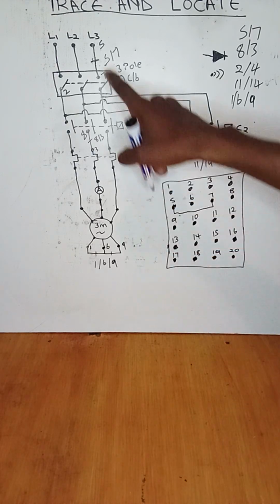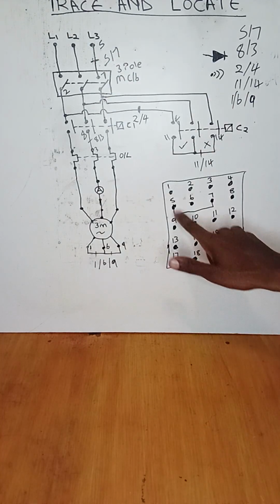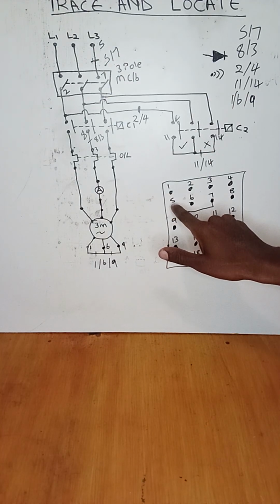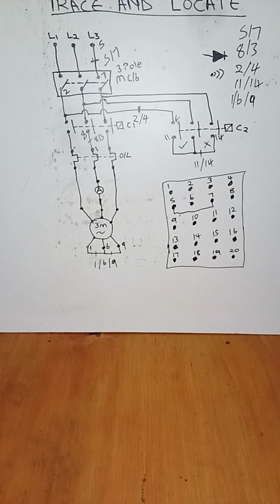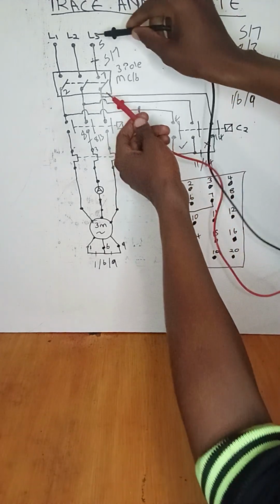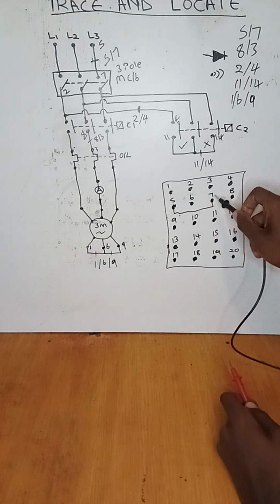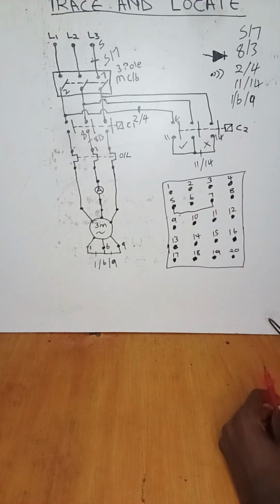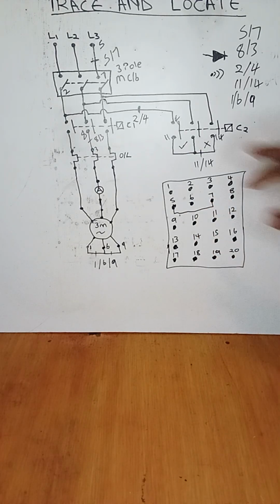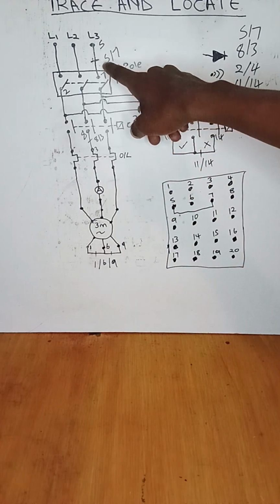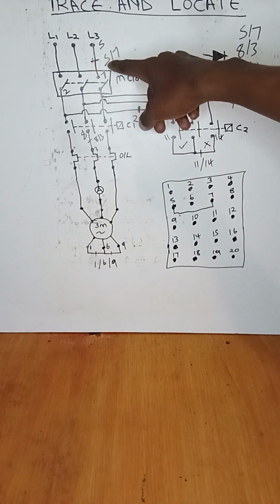Which means right now, since we have located a wire from 5 and 7, when we test from 5 and 7 again, that's when it will beep, because right now we have located a wire that will replace the wire that was absent.